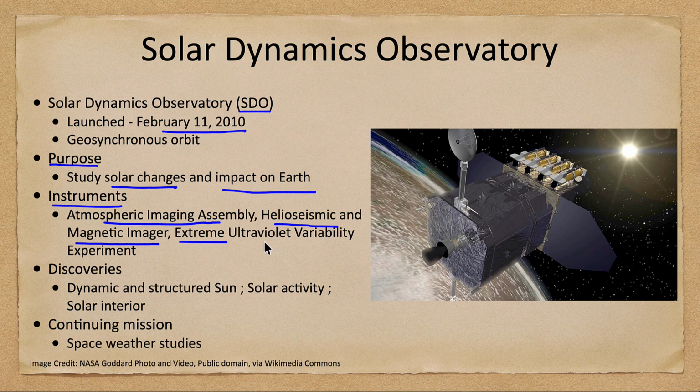And the Extreme Ultraviolet Variability Experiment measures changes in the sun's ultraviolet output that affect Earth's upper atmosphere. Together, these provide a complete real-time picture of solar activity.